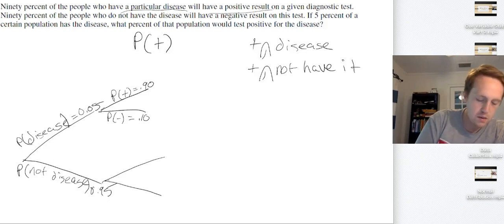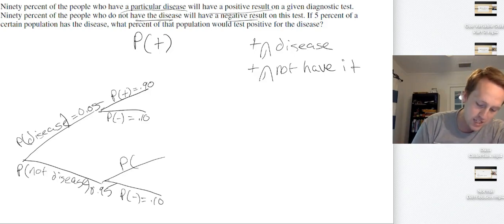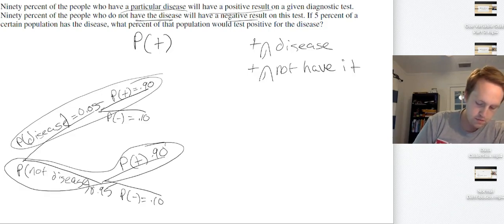For these not diseased people, it says 90% who do not have the disease will get a negative result. So for them, the probability of negative is 0.90, and the probability of positive is 0.10. I need positive diseased people, and I need positive not diseased people.